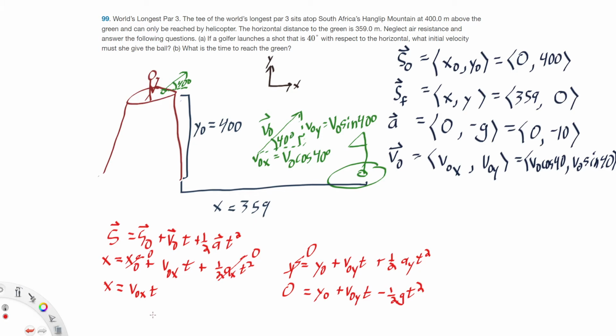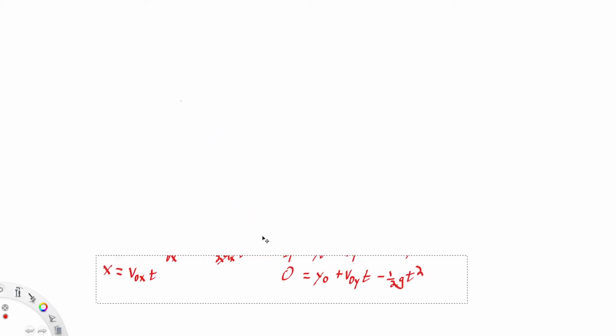We also have two unknowns in our y equation, right? We have a v naught and a t unknown in both of them. So there's no easy trick this time to do a solution. We have to actually solve a system of equations the hard way. I'm going to give us some space to work this one out.